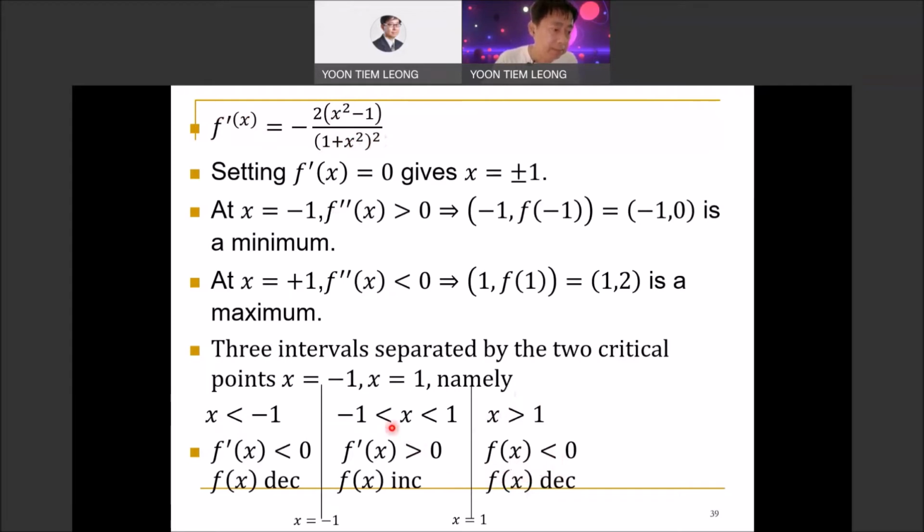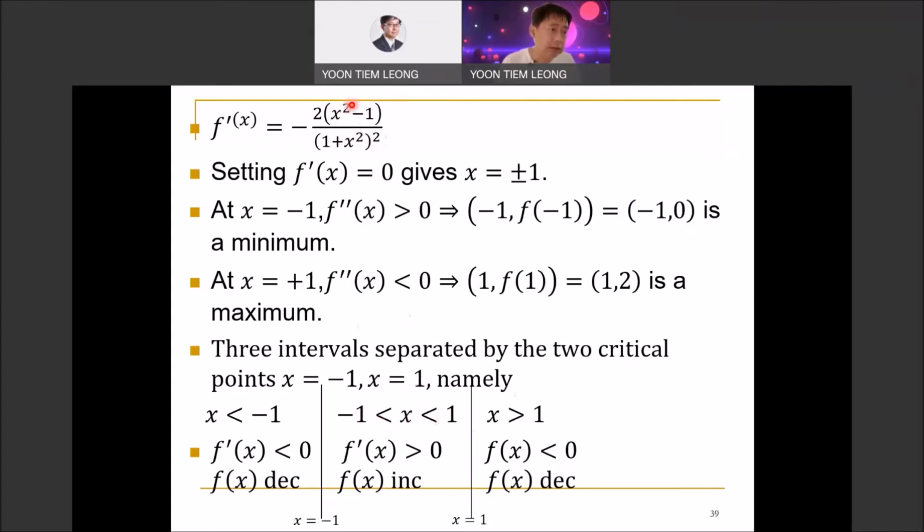But then between -1 and 1, x squared will be a number which is less than 1. Right? So x squared will be less than 1 if x is between -1 and 1. For example, x would be say 0.5, -0.2, -0.5, or 0.07.